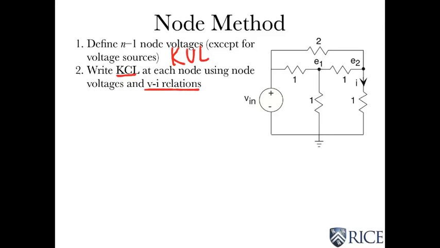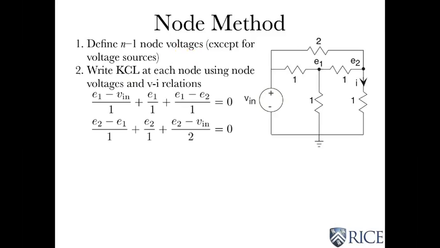So here's the set of KCL equations for this circuit. So let's start with E1. The node here, node 1, there's a current going that way, a current going that way, and a current going that way. And I'm going to write the KCL equation that all those currents sum to 0. But as I write the currents, I'm going to go ahead and use the VI relations.